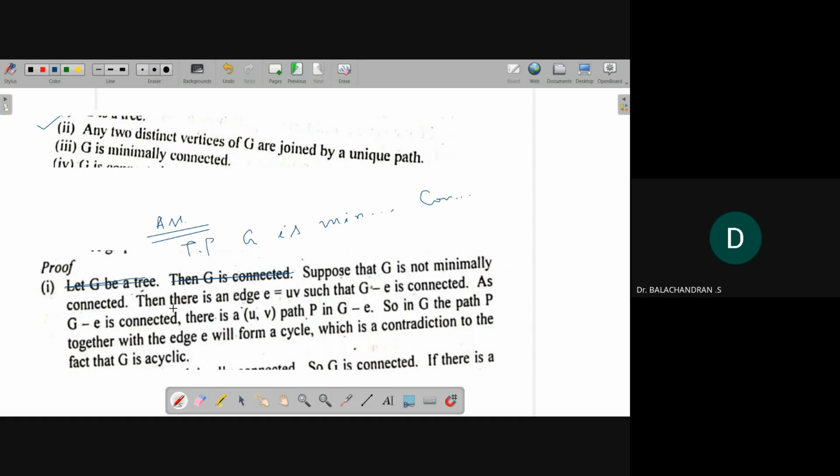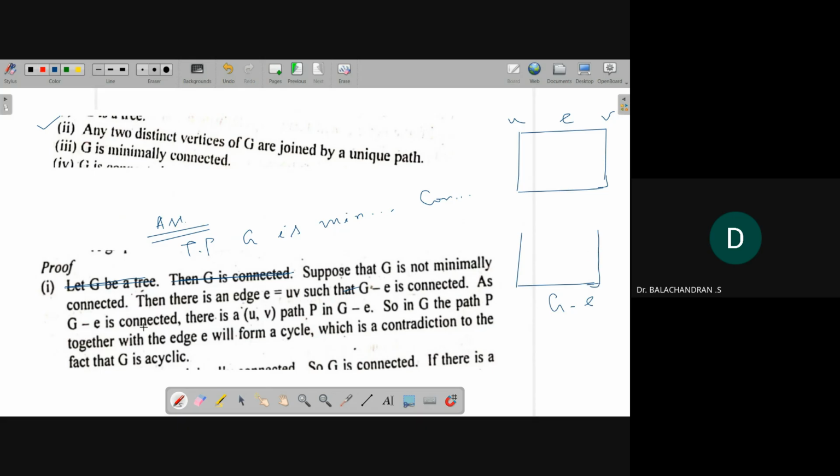Suppose G is not minimally connected, then there is an edge e equal to uv such that if I remove e from G, you get the graph G minus e, which is still connected.